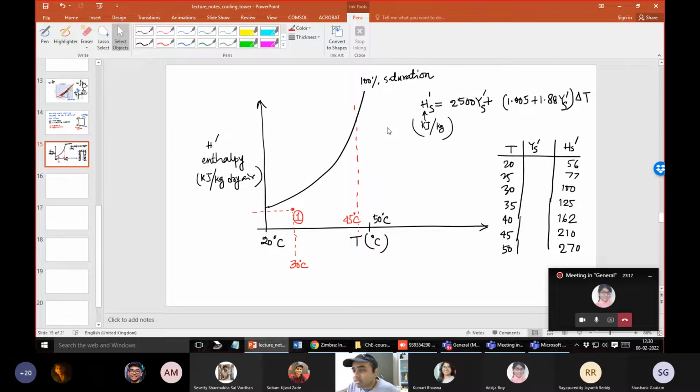That will give you the enthalpy straight away. This is the easiest way. Is it understood? Yes, sir. Now calculate and tell me.